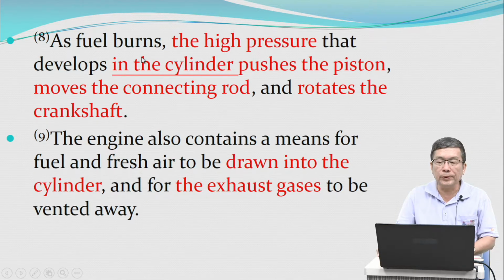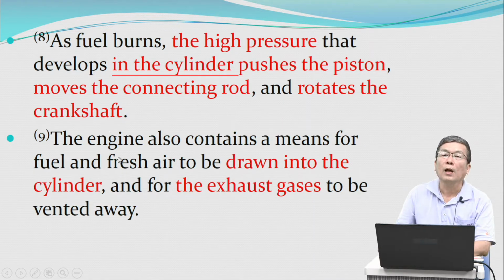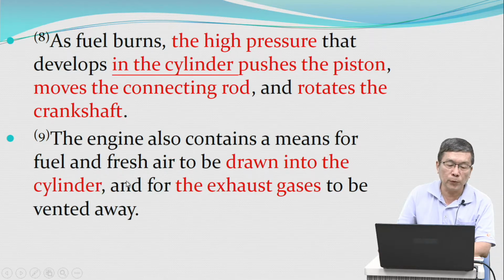As fuel burns, the high pressure that develops in the cylinder pushes the piston, moves the connecting rod, and rotates the crankshaft. The engine also contains a means for fuel and fresh air to be drawn into the cylinder, and for the exhaust gas to be vented away.